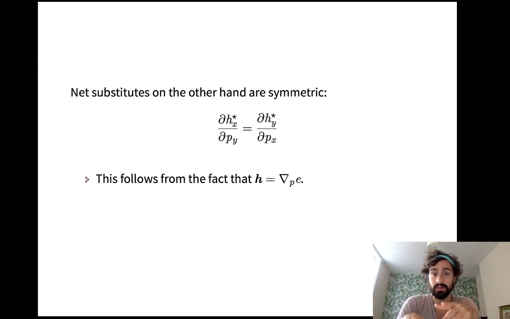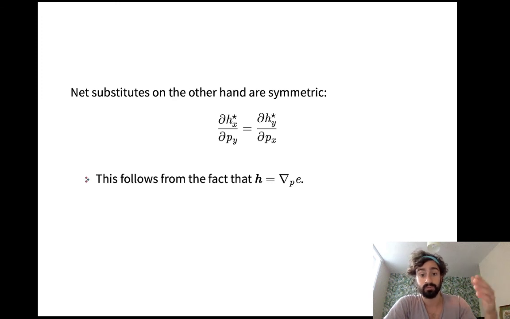That's how we proved the law of compensated demand, remember, because the expenditure function was concave and the second derivative therefore was greater than 0. That's the second derivative with respect to the same price. Now we're talking about the second derivative, first the derivative with respect to pi, then the derivative with respect to pj. Well, cross partials are symmetric.